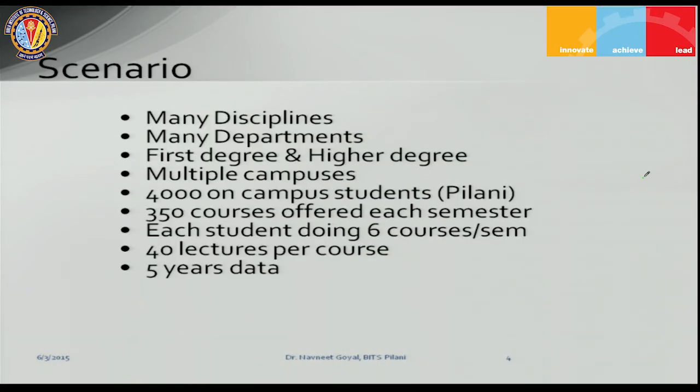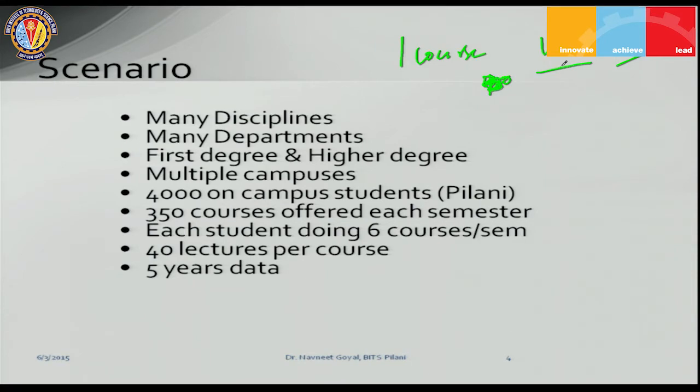suppose I'm trying to record the student attendance. Let me see, say one course, 40 lectures. Suppose there are 100 students registered in this course. There are 350 courses in all.